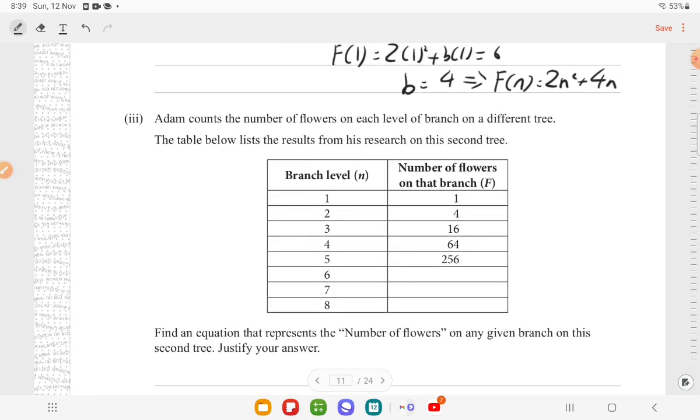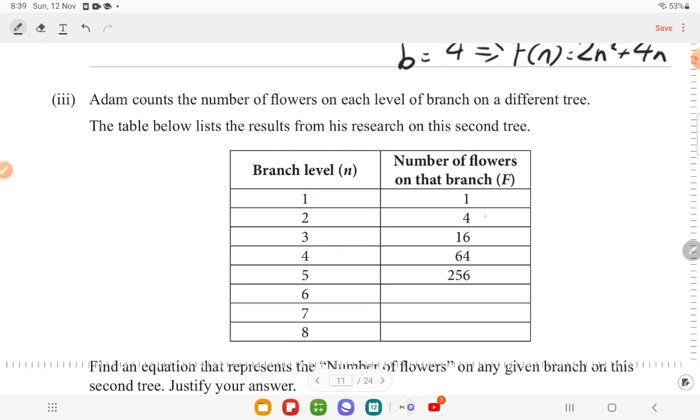Adam counts the number of flowers on each level of branch on a different tree. Find an equation that represents the number on any given branch on the second tree, justifying your answer. So it's times 4 from here to here, times 4, times 4. So these multiply by 4 again.